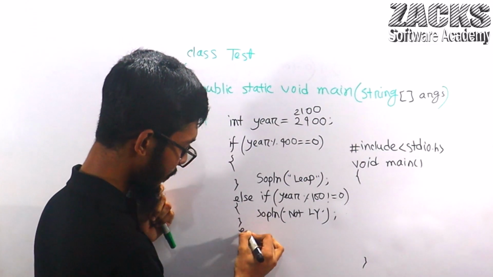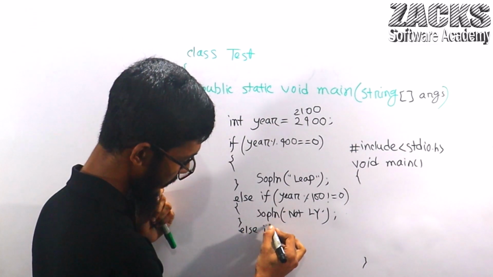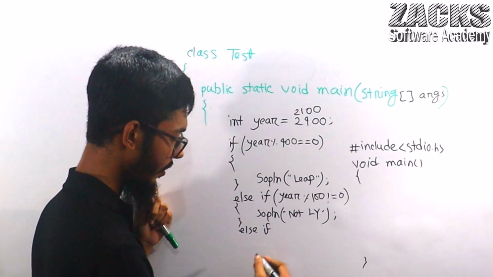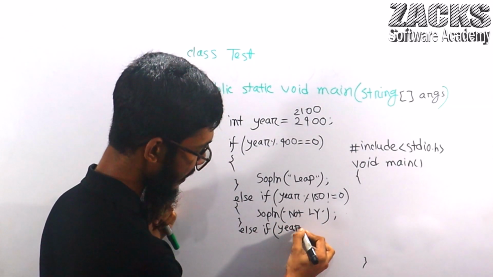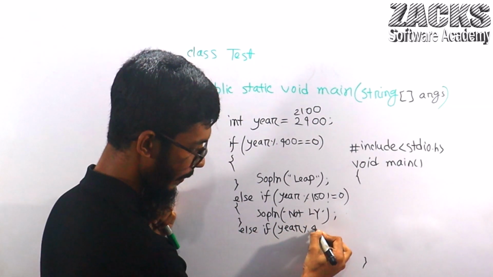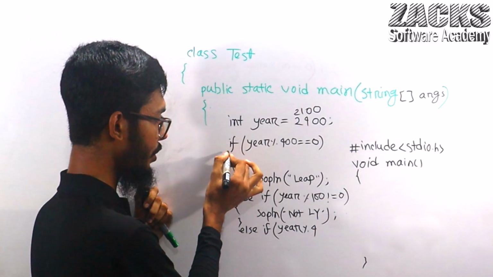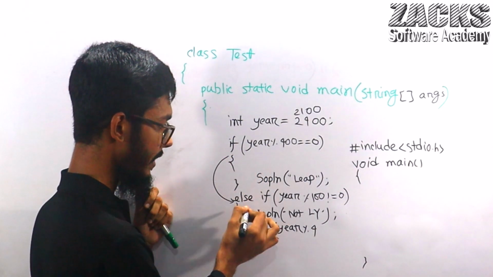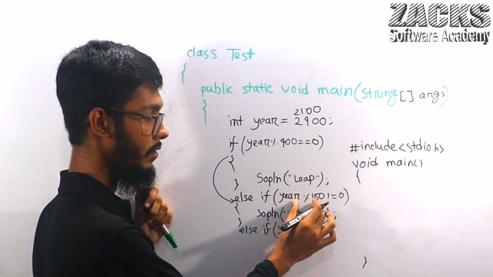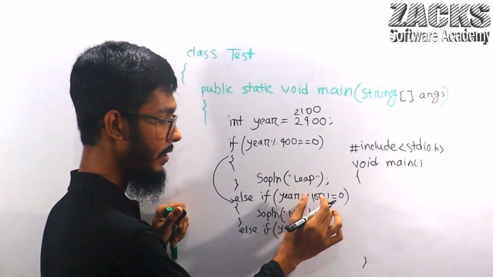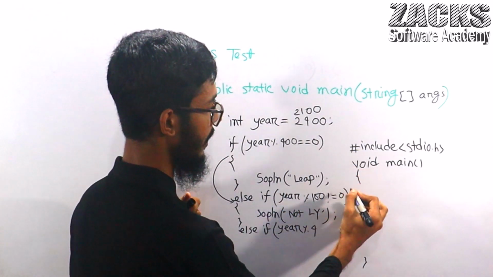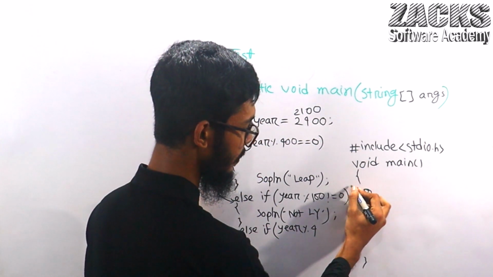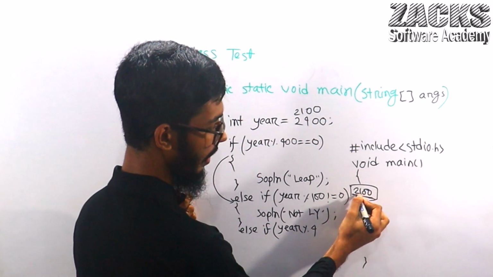Otherwise, let me check one more condition. Else if, I hope you can see the board now. Else if the year is divisible by 4. If the condition is false, then control will come here. For example, 2100.